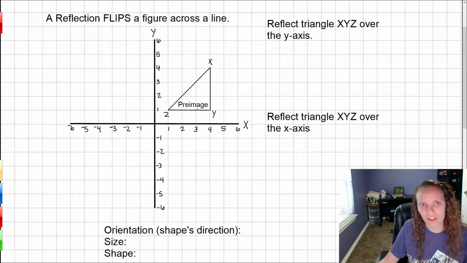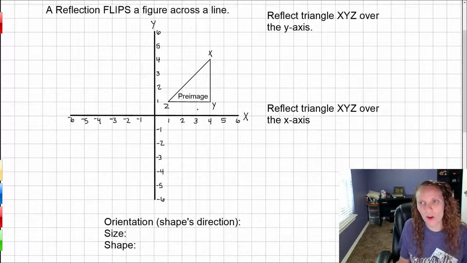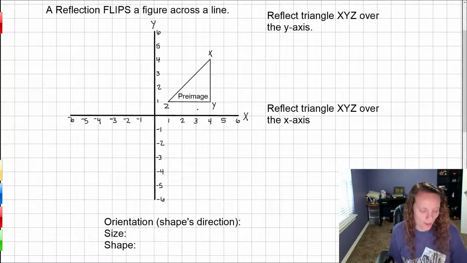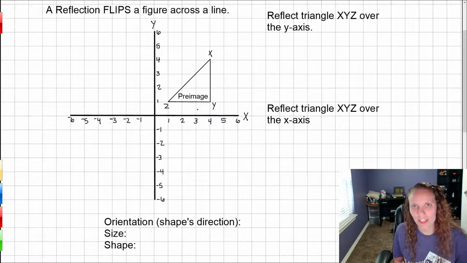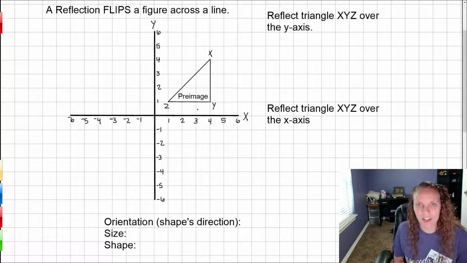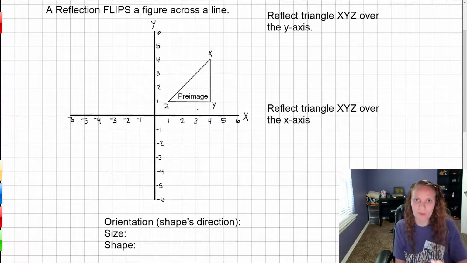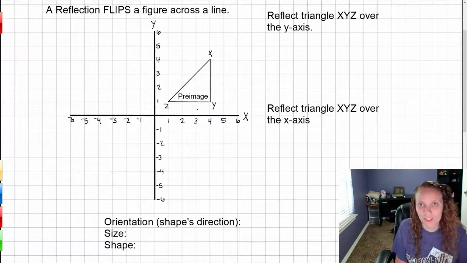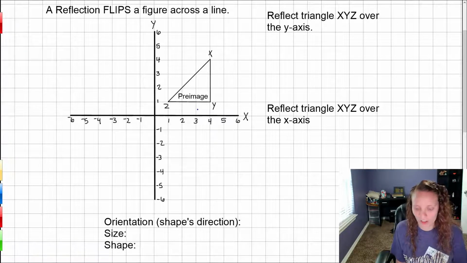It says to reflect the triangle over the y-axis. Think of a reflection. Think of yourself looking in a mirror. Or if you look into a puddle of water and you see yourself, that's also a reflection.